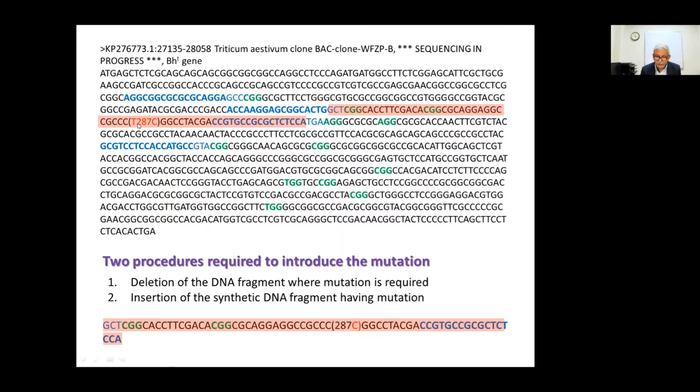In hexaploid wheat, it is T there at the 287 position. In tetraploid wheat, it is C there. Okay. And as I mentioned earlier, it is a mutation from leucine to proline due to change of the single amino acid. All the rest of the nucleotide sequence is the same. So is the protein sequence.